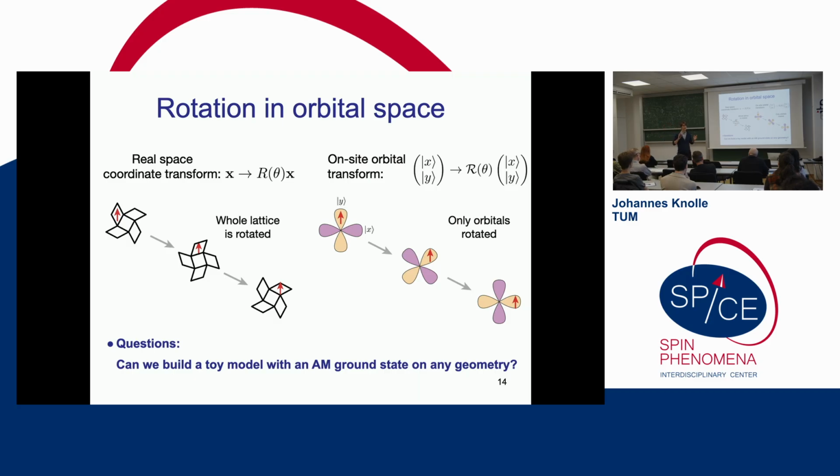Unphysically, you not only switch off spin-orbit coupling, but let's switch off also crystal field effects. Okay, and so then we can think of these orbital rotations independently, and then we can ask, can we write down a toy model where we have full symmetry in spin space and orbital space that we can break spontaneously?